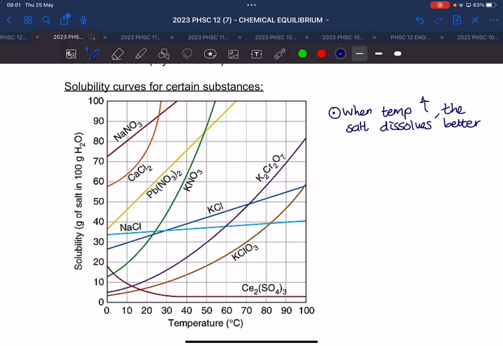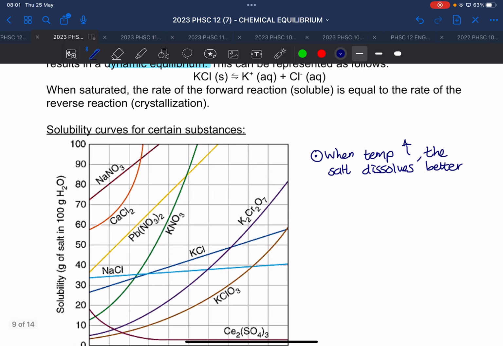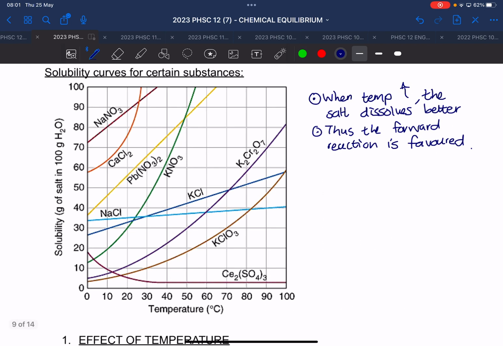Okay. So when it dissolves better, it means the forward reaction is favored. Right? So that means thus the forward reaction is favored. Whose theory are we busy with? Le Chatelier's principle. Le Chatelier's principle says that if we increase the temperature, what does the reaction want to do?